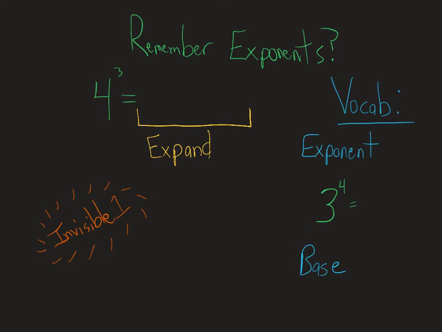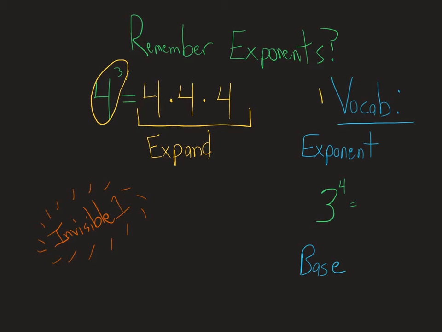And what it's telling us when we see 4 to the third power is this. Okay, it's 4 times 4 times 4. That's what an exponent means when you see this.